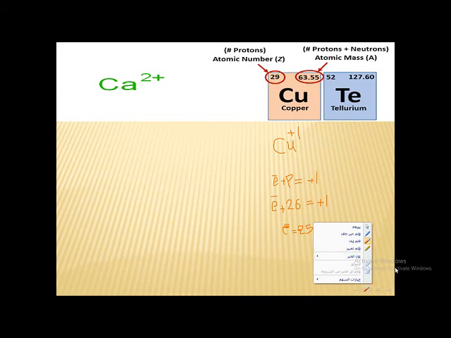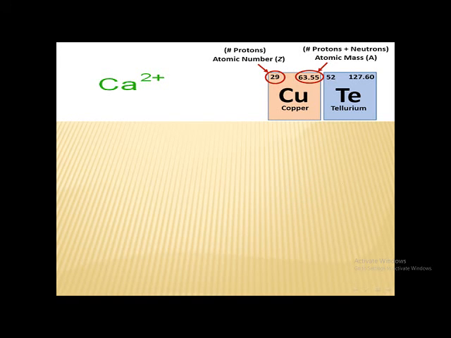Okay, let's go to this atom. See, it has a plus 5. So what is the number of electrons?